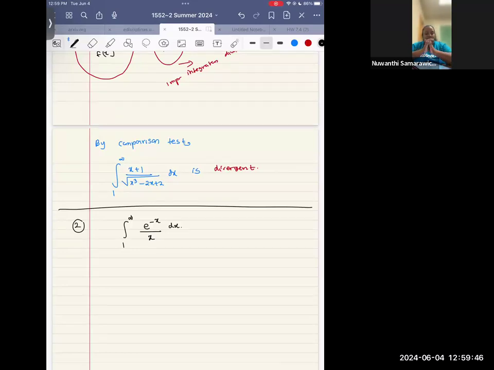We have to find another function, because to use the comparison test we have to find another function. This is your f function. You have to find a function g. Then only we can compare. So what can we say? Any idea how to do this?